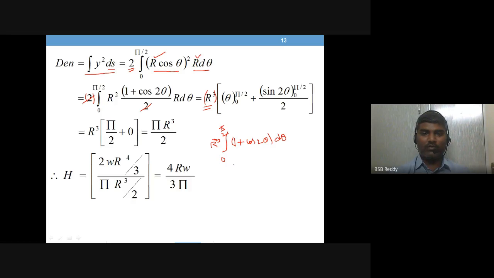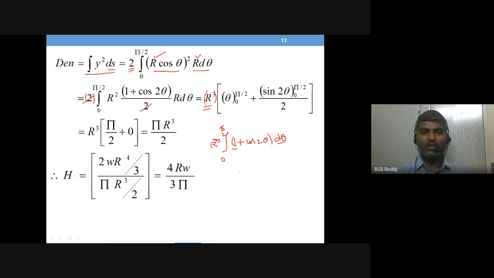So you have two terms here. 1 into d theta is one term, and cos 2 theta into d theta is another term.